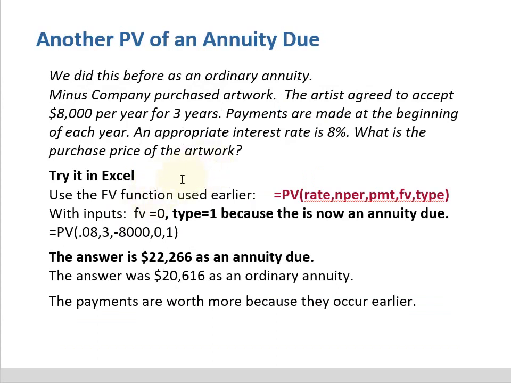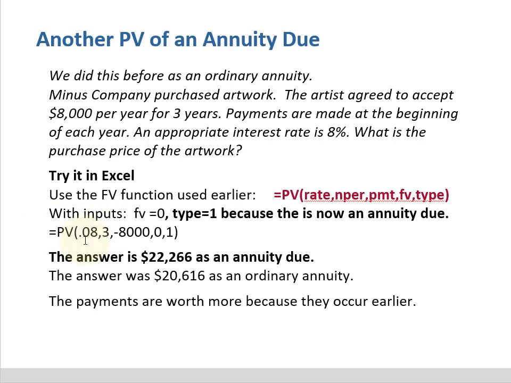We can do the artwork example as an annuity due as well. Remember this example? Minus company buys artwork. The artist agrees to accept $8,000 per year for 3 years. This time let's assume that Minus company is going to make the payments at the beginning of each year instead of at the end of each year. If you try it in Excel, you would type the function in like this, and your answer will come back as $22,266, which is more than what we got when we did this as an ordinary annuity.